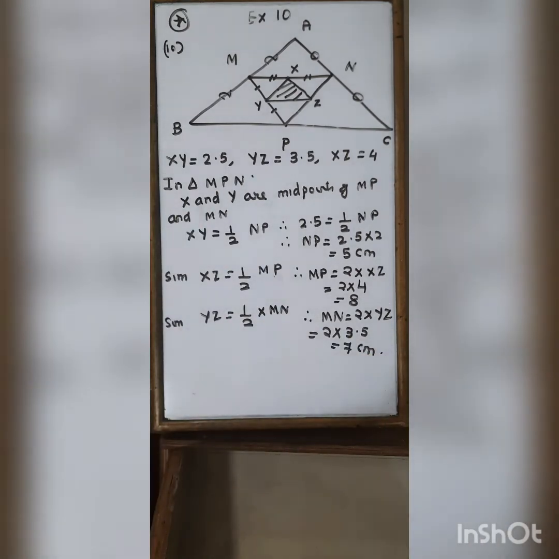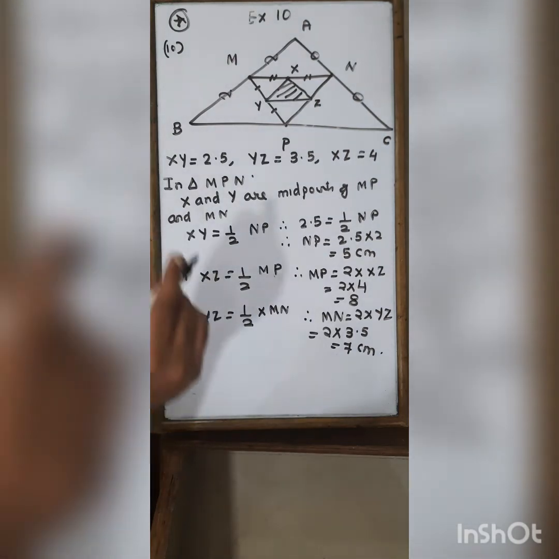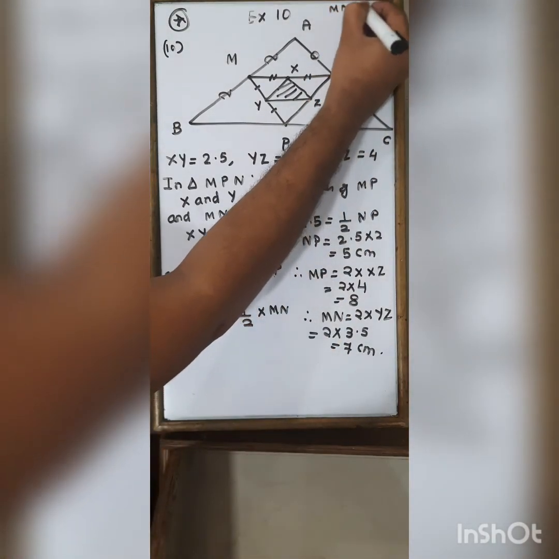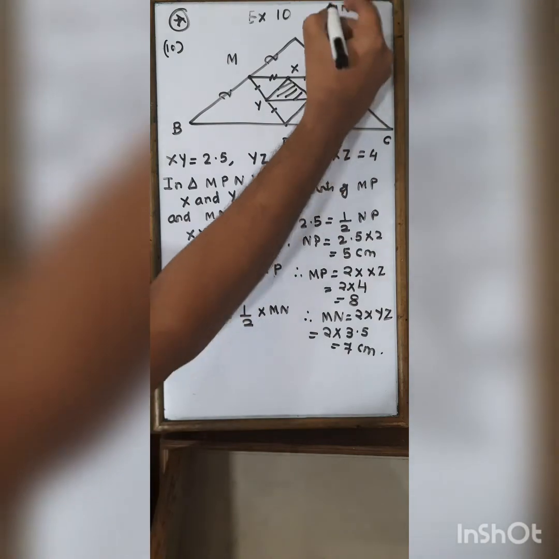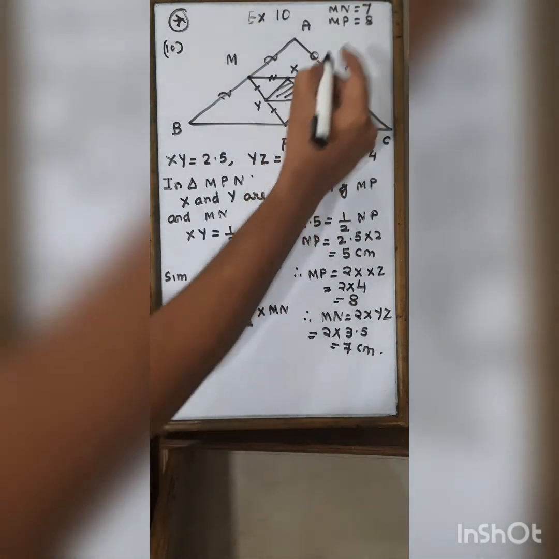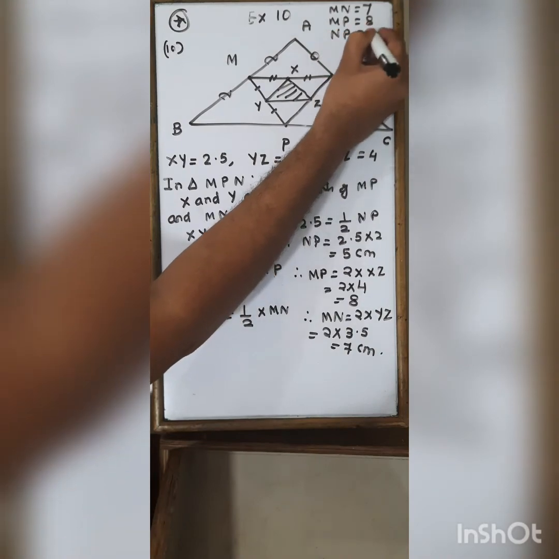Now you consider triangle ABC. So you have the values of NP, MN.